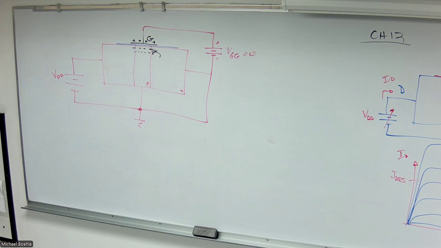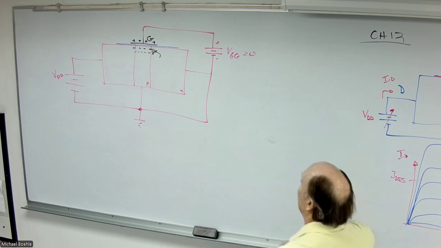So he describes that as an inversion layer, I think. Can't remember the word here. N-type inversion layer. I knew it.